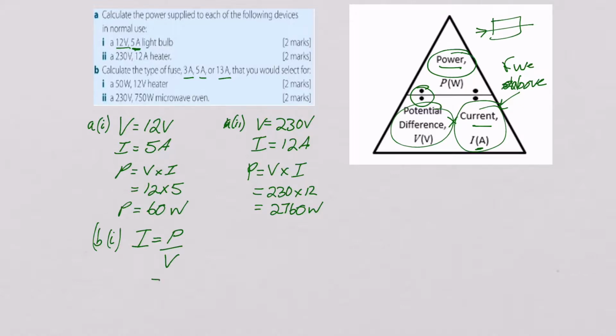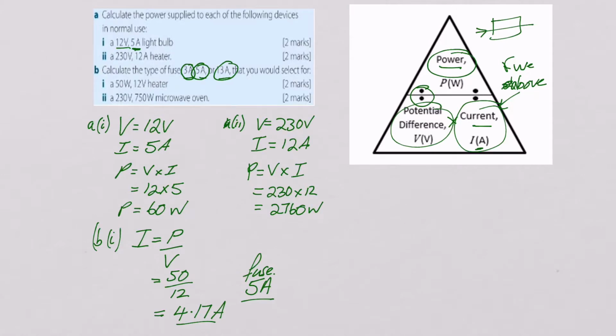For the heater, it's a 50 watt heater being plugged into a 12 volt supply. That gives me an overall current of 4.17 amps. Okay, so looking at the 3 fuses, I can have 3 amps, 5 amps or 13 amps. The safest fuse to use is 5 amps. So that's how you do the calculation for that one.